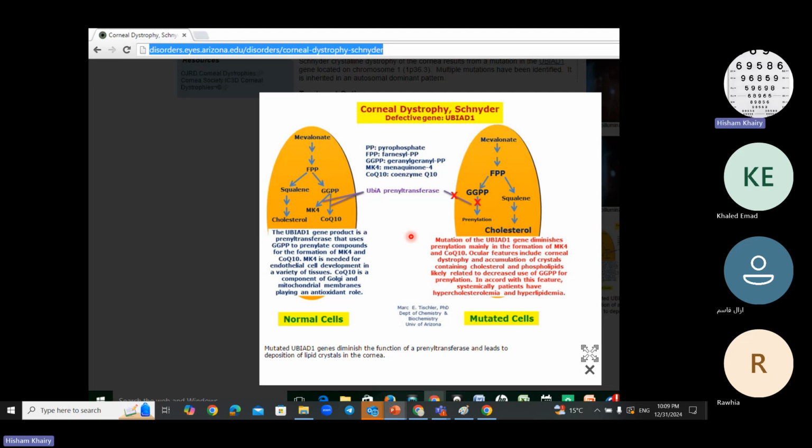That is likely related to decreased use of GGPP for prenylation. Systemically, the patients may have hypercholesterolemia and hyperlipidemia.